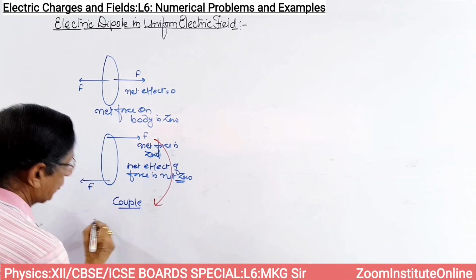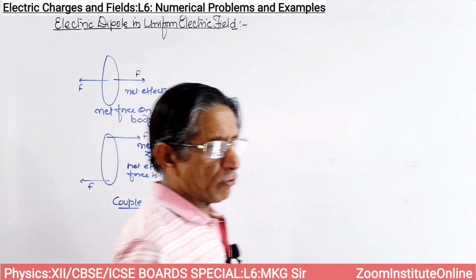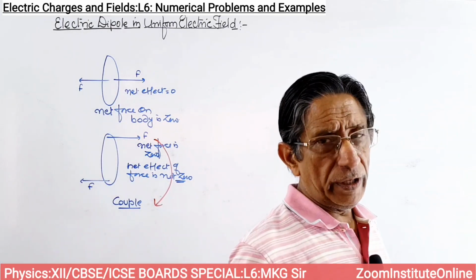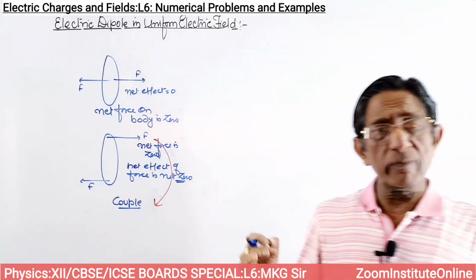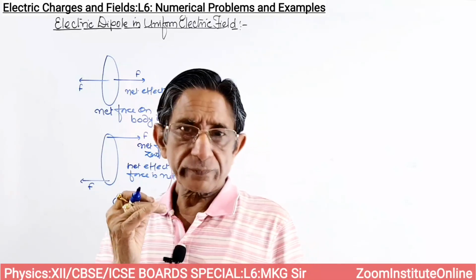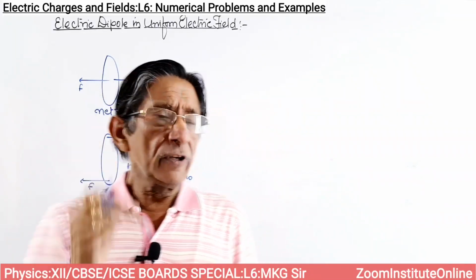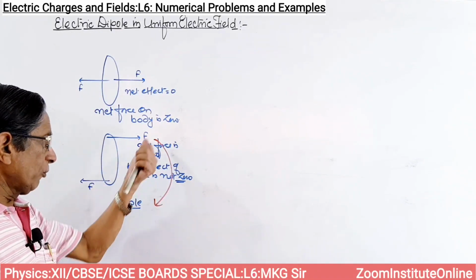So, when two equal and opposite forces act on a body such that they do not pass through the same point, they produce couple.